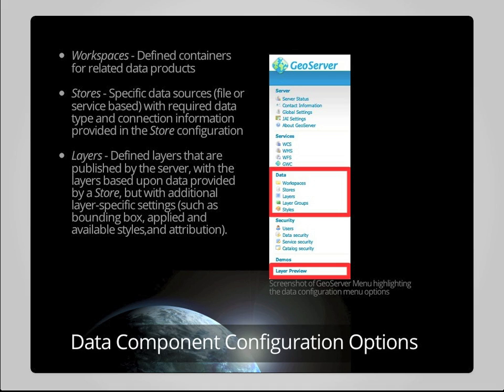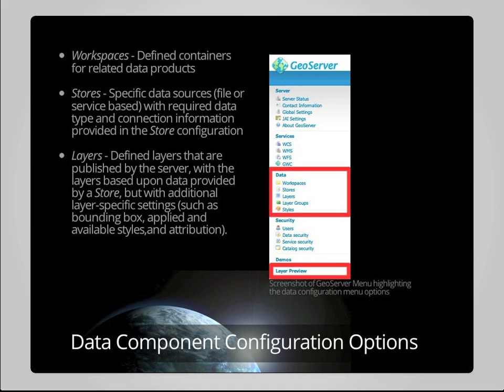So to be able to find it on the file system, or to be able to connect to the external database, or to be able to connect over the web to an external web service. These are all examples of the types of information that would go into the configuration of a specific data store that is then stored within GeoServer and available for the creation of data layers.